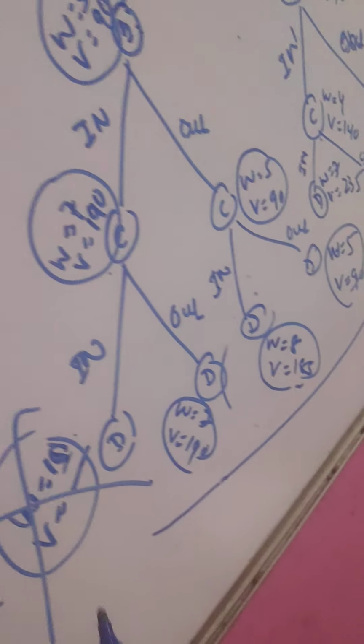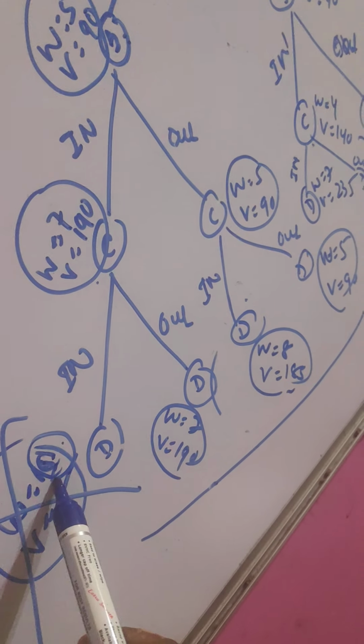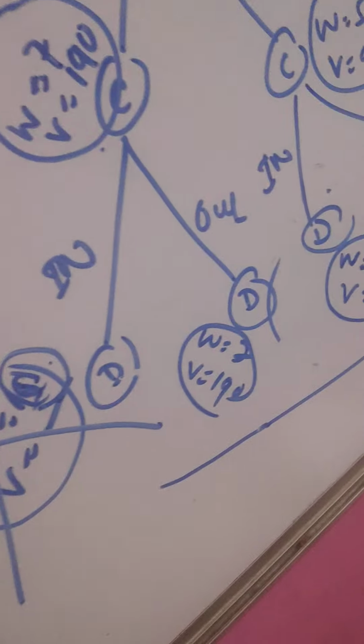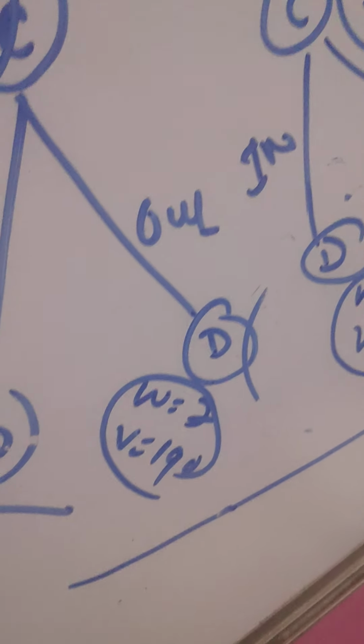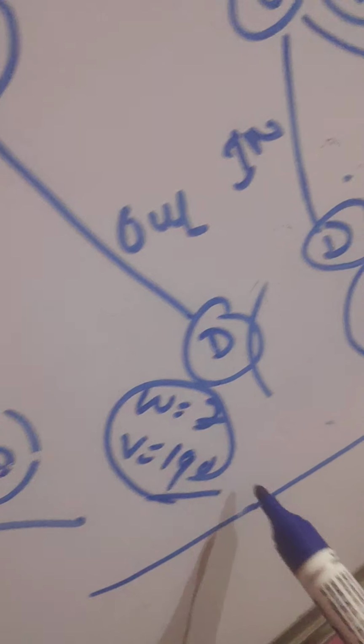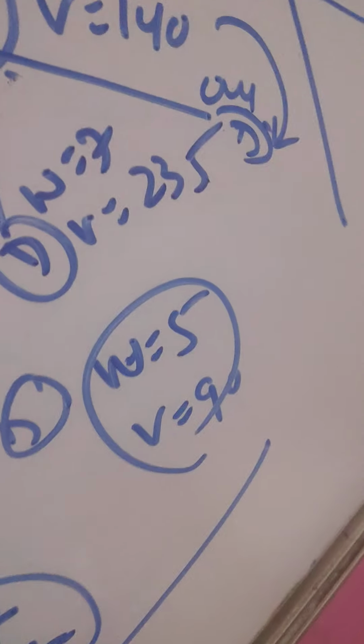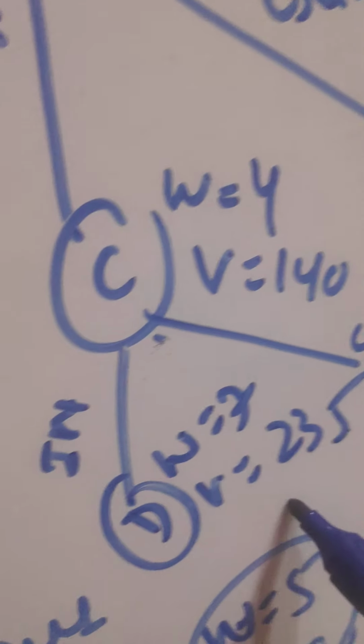Look at the solutions here. Here the weight is greater than 20, so I will not pick these. Here my weight is 7, my maximum limit was 8 kg, but my profit or value is 190. Here it is 185. Here it is 90, but here it is 235 and weight is 7.